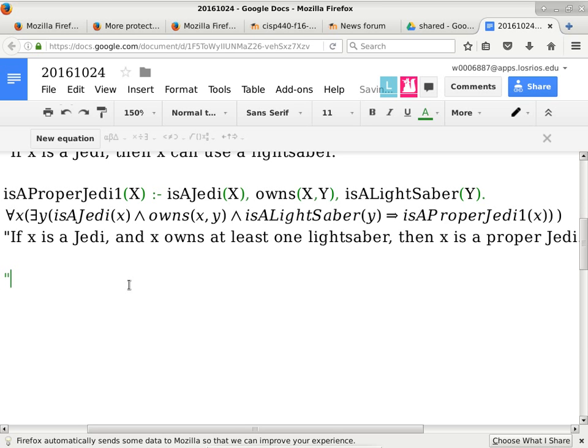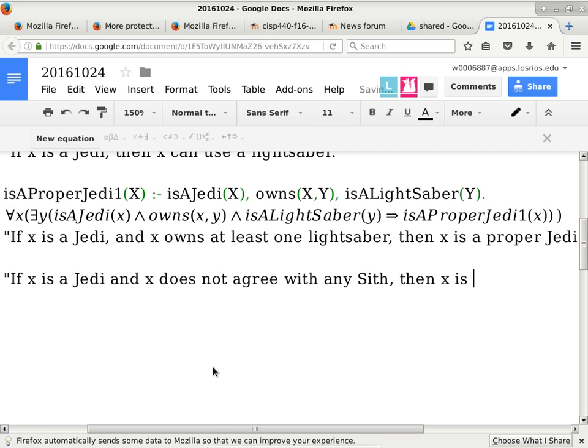So in this case, I'm going to start with the English version first. So let's get rid of the formatting. And we'll just start with this part here and say if X is a Jedi and X does not agree with any Sith, then X is a proper Jedi.